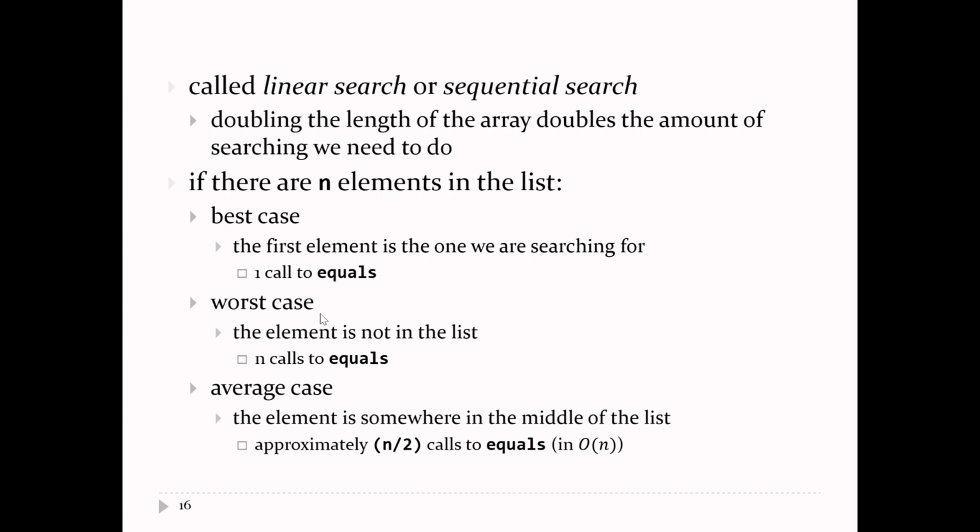In the worst case, you have to look at every element in the list, so that's n calls to equals. And on average, assuming the thing is in the list somewhere, it's going to be roughly in the middle, so that's something like n over 2 calls to equals. Both the average case and worst case are in big O of n complexity.